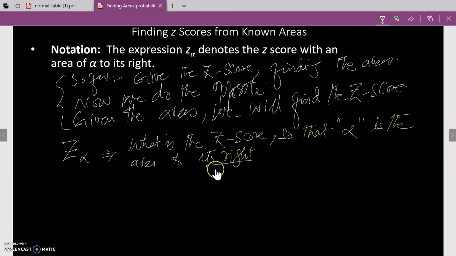That's important. The picture will make the things clear, what I mean by z sub alpha. Let me show you a picture.